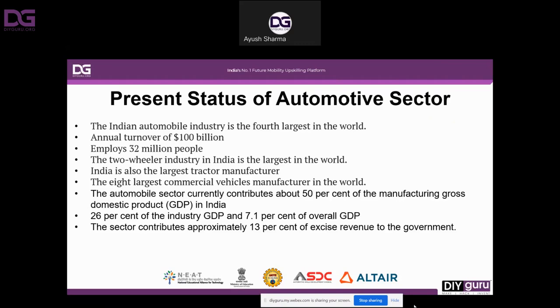That means 26% of the industry GDP and 7.1% of the overall GDP. So this is a big impact on GDP as well, and it is a positive impact, contributing a large percentage of GDP. And this sector contributes approximately 13% of excise revenue to the government.